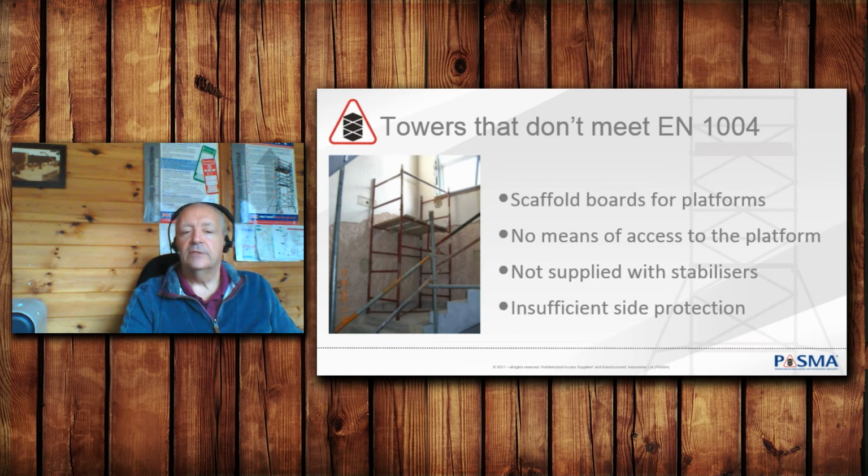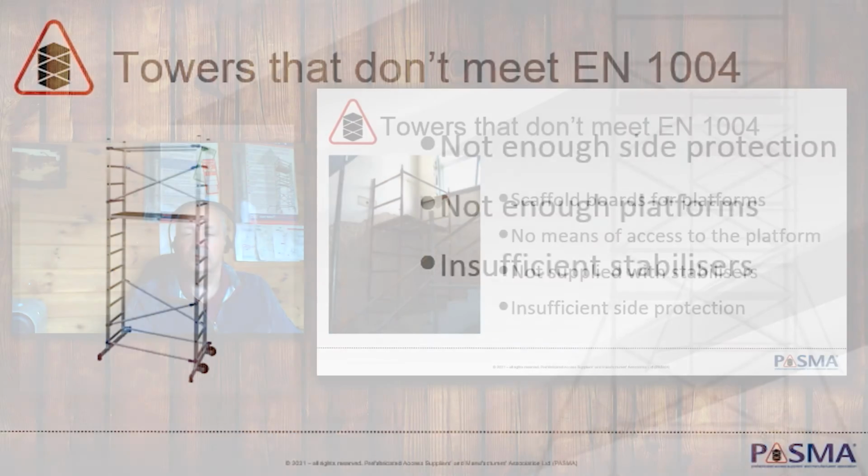So that takes us to the question of how you can be certain that a tower meets all of the requirements of EN 1004. Towers which meet only some of the requirements do not comply with the standard. To comply with the standard, you need to meet all of the requirements in their entirety. Once you've ascertained that the tower you use meets all of the requirements of EN 1004, and that you could prove that, then the next thing is to be sure that it's in good condition and fit for use.